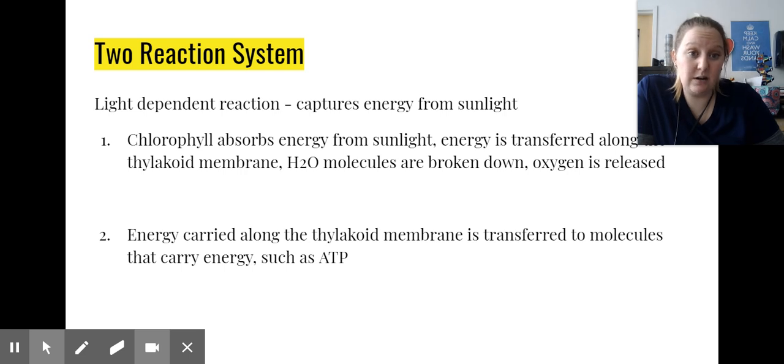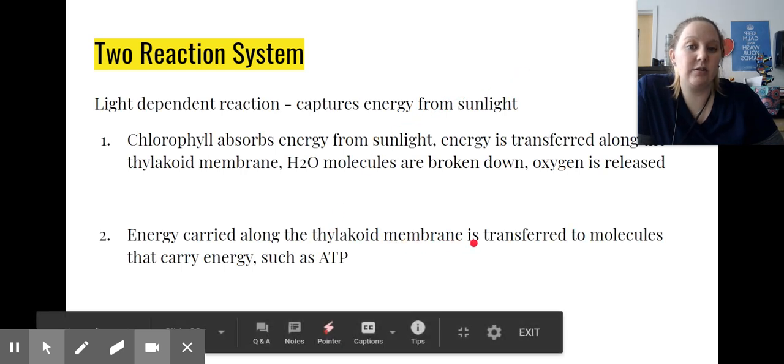Water gets broken down and oxygen gets released as a byproduct. Remember, plants will take in carbon dioxide and release oxygen, where humans and animals take in oxygen and give off carbon dioxide. The energy then gets carried along the thylakoid membrane and transferred to energy carrier molecules such as ATP.